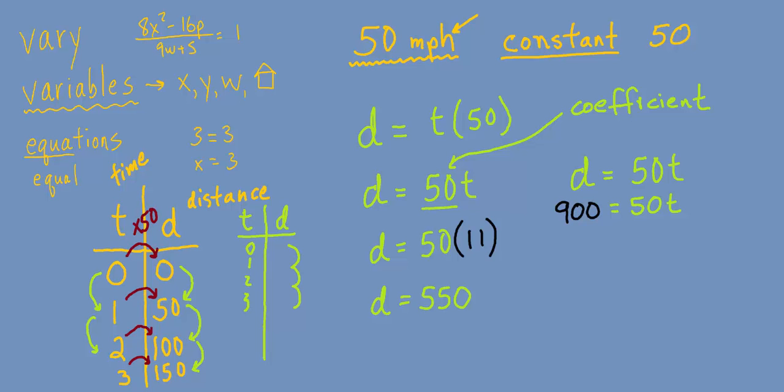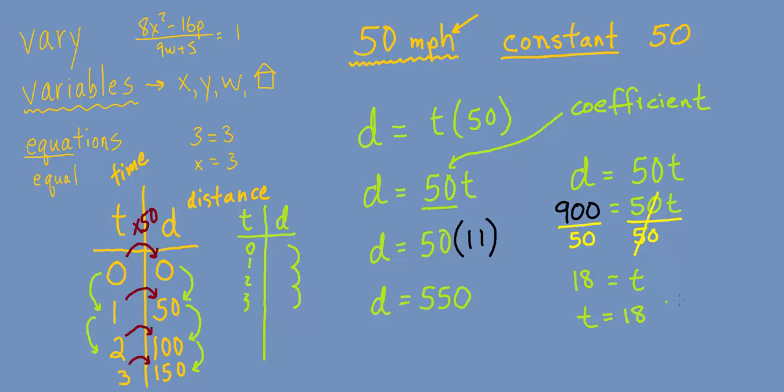And then also, you may have learned that the way you do this is, and don't worry if this isn't familiar right now, just for the purposes of a quick demonstration, what we would do here is we would divide both sides of the equation by 50, okay, and that's going to cancel out this 50 and going to give us t equals 900 divided by 50, which is 18.